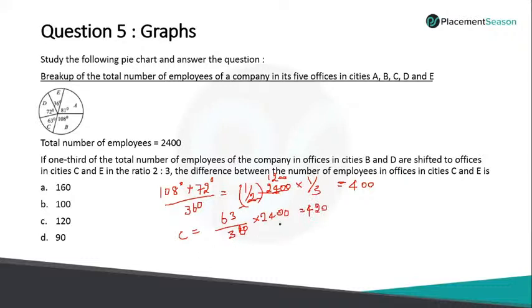The same way, if you solve for E, it is 36 degree. So 36 by 360, which is very simple, 1 by 10. So 1/10 of 2,400, you will get 240.